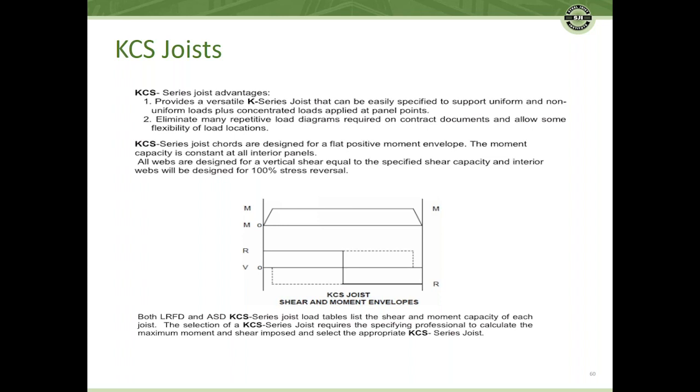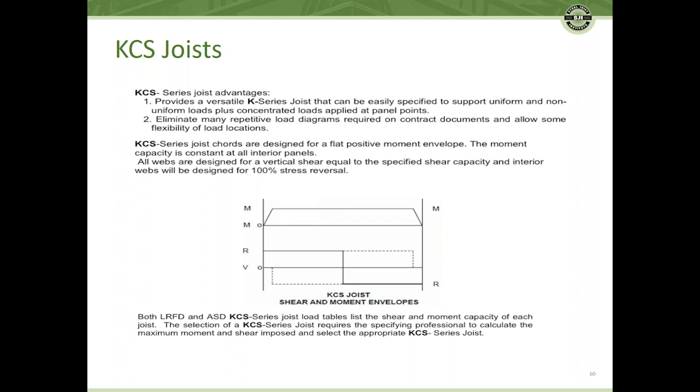In these cases, the top chords are designed for the maximum moment in all of the panels except for the end panel, and the shear is designed for 100% stress reversal in all of the webs except for the end web. It's designed for 100% tension but not 100% compression.